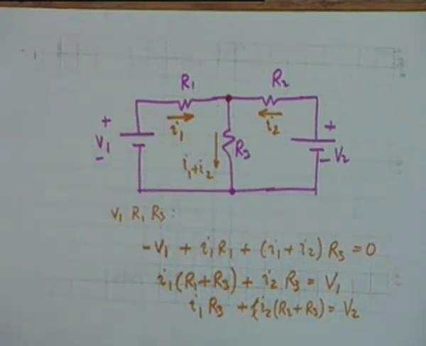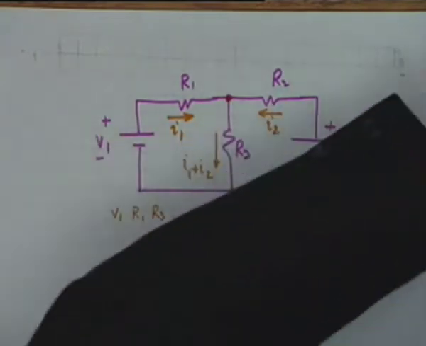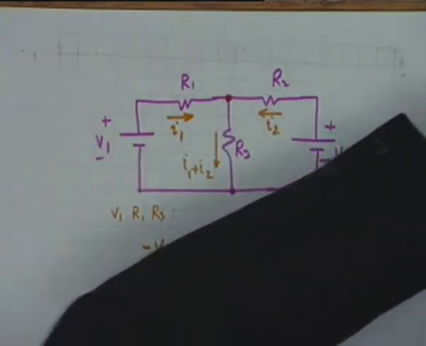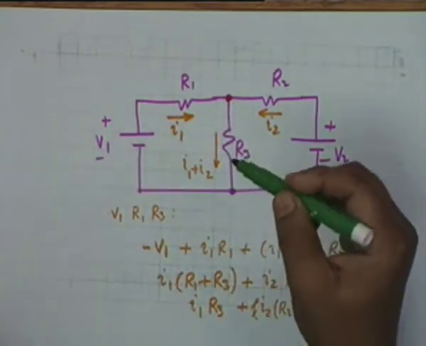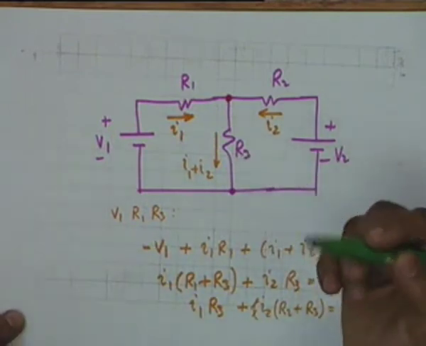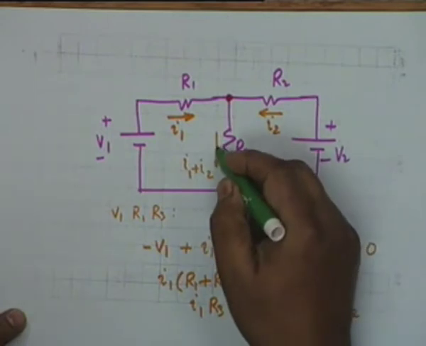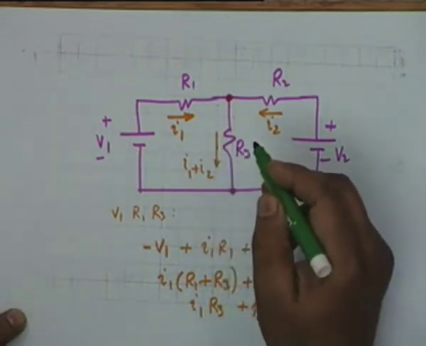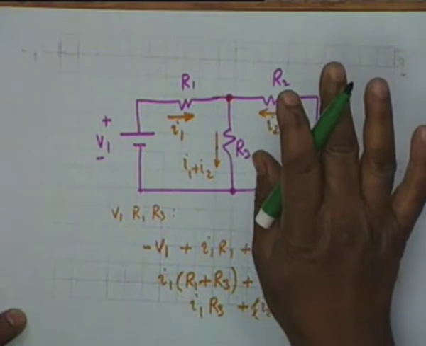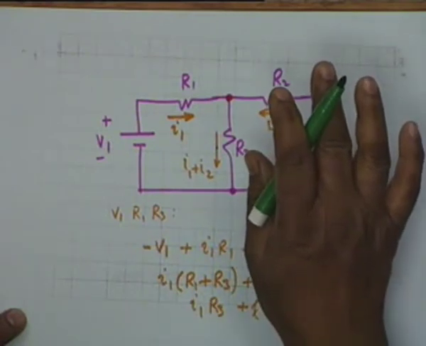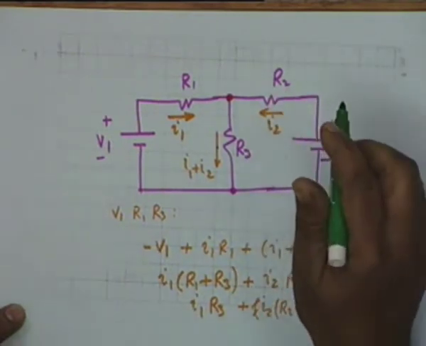Let me point out right at this point that instead of formulating arbitrarily two currents like this, we could have formulated a loop current. I am taking a detour now to illustrate what is known as loop analysis.